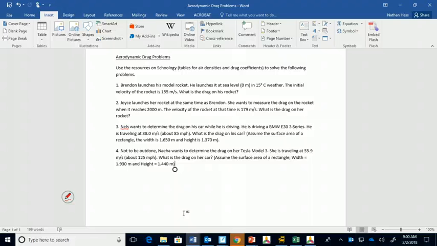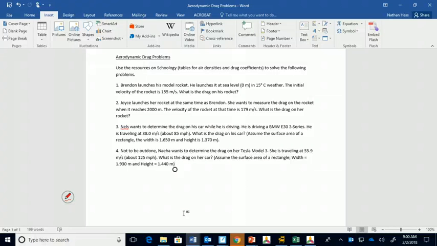Notice I gave you just height and width for his car, because we're basically going to look at the front of his car as a rectangle, right? Now, that doesn't exactly work for this aerodynamic drag, but we're gonna just make it easy and do that. Exactly. We'll pretend he's got a nice rectangular car. It's very strange.